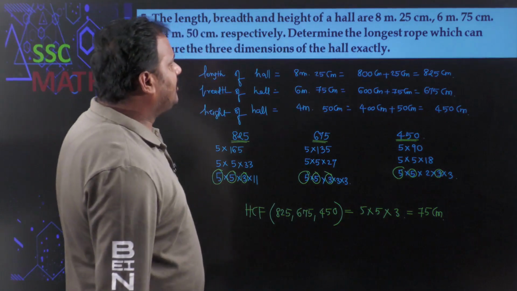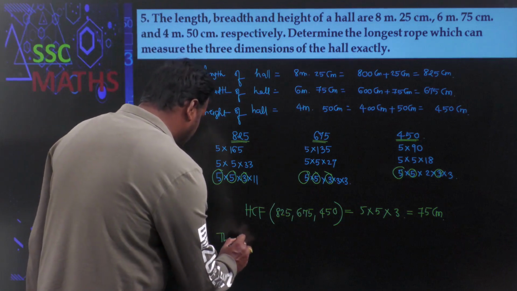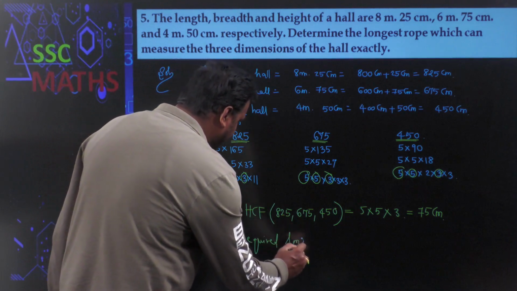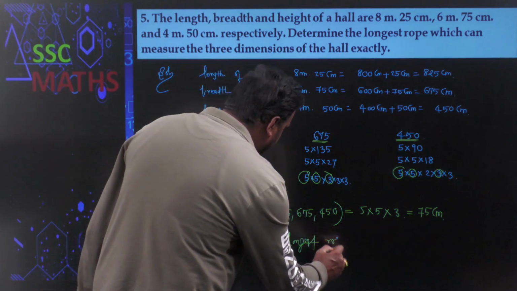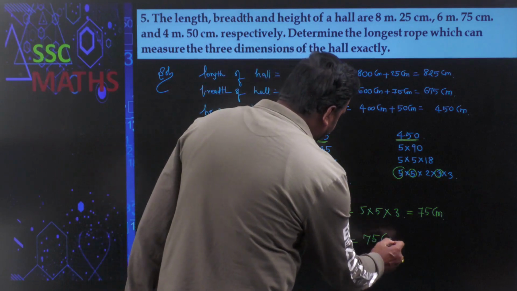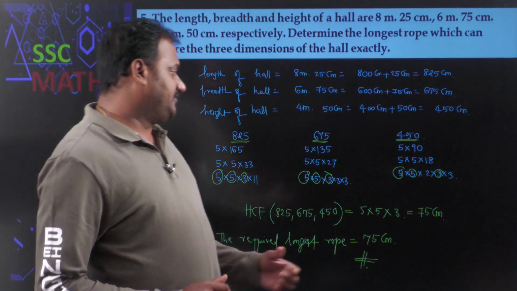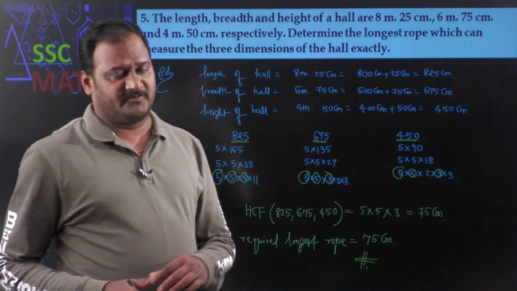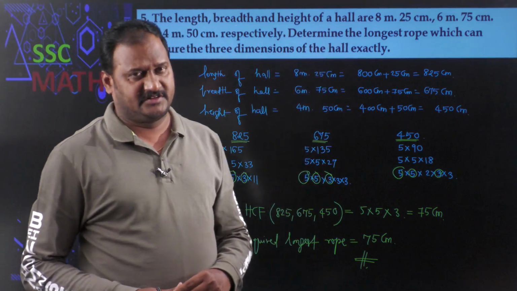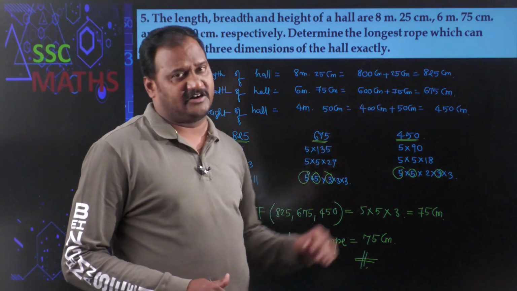Therefore the required longest rope is equal to 75 centimeters. This is the way of answering the problem. If you take a 3 centimeter rope, we can measure all three dimensions with it. A 5 centimeter rope can also measure all of them.